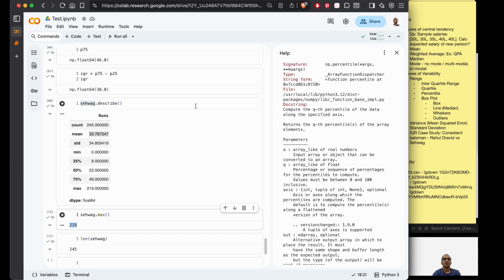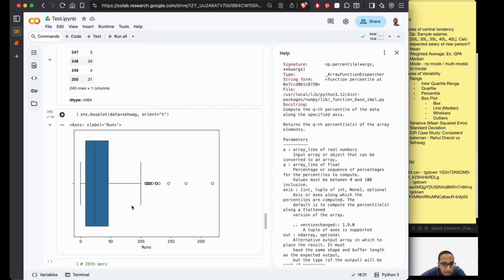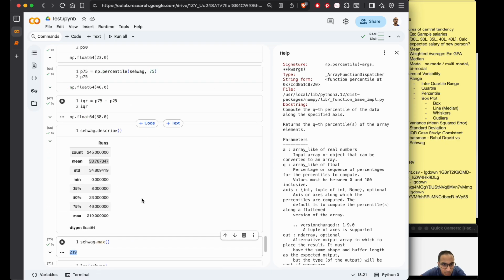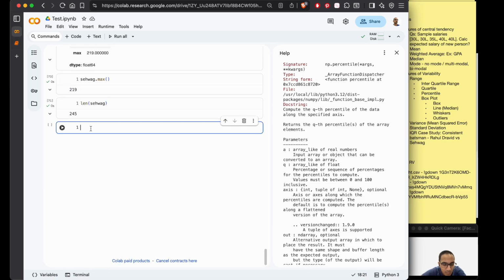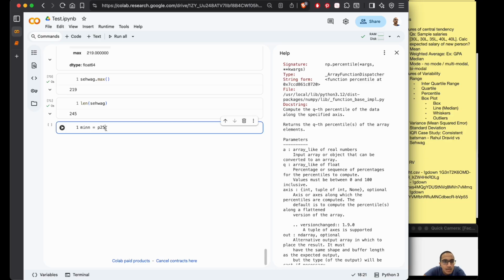Now, since we got the IQR, we can try to compute the max value. We'll do the min as well, since we can anyway. The min will be Q1, which is P25, minus, if you remember, 1.5 times the IQR.